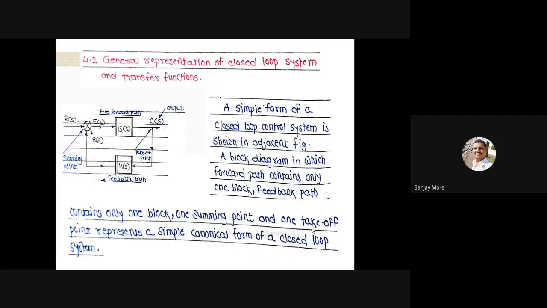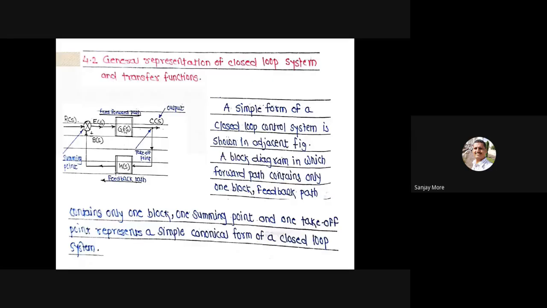In this closed loop control system, the transfer function is one block that represents only one point. Means the feedback path also contains a summing point and one takeoff point.